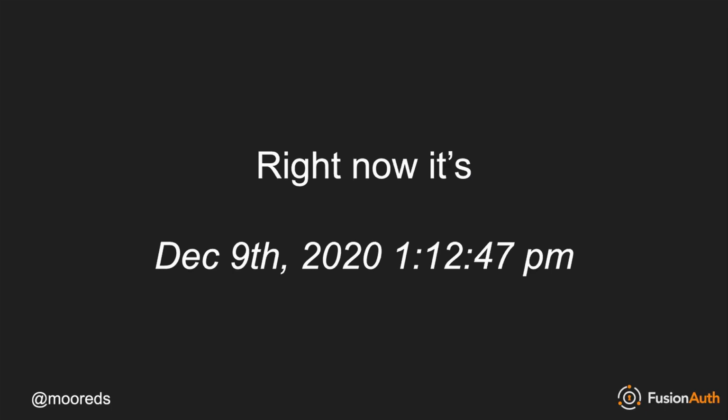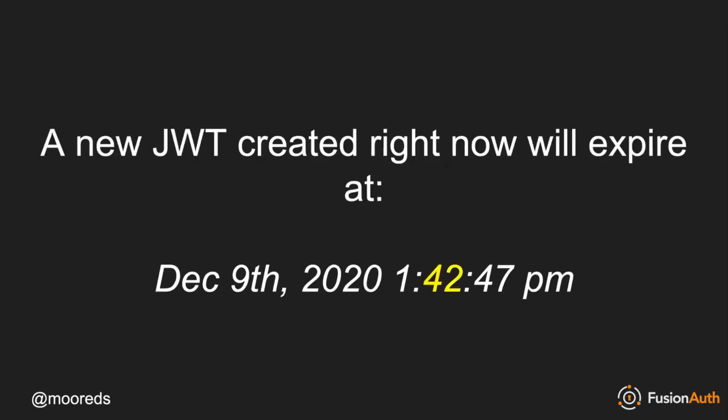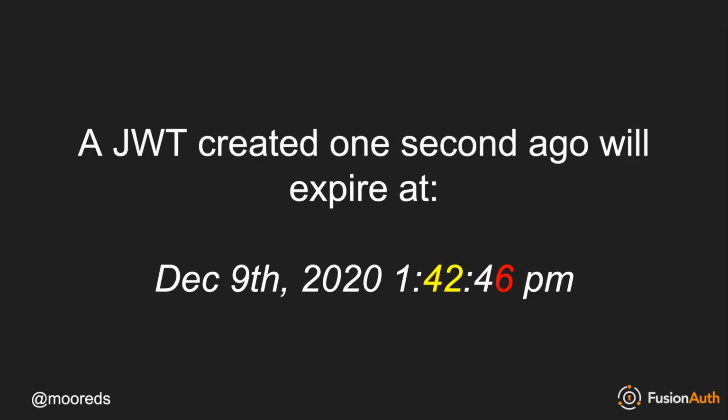So let's assume that I log out at 1:12:47 and my JWTs are good for 30 minutes in my system. That means that a JWT created right at the time of logout would expire at 1:42:47 in the afternoon. That means that a JWT created 1 second ago will expire at 1:42:46.